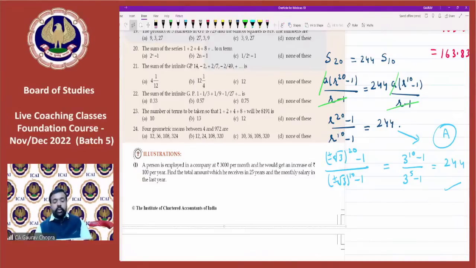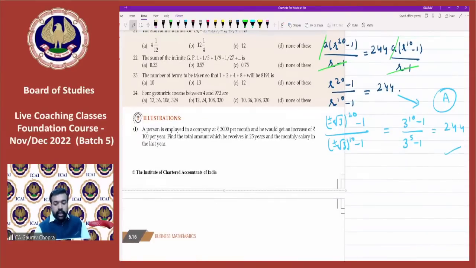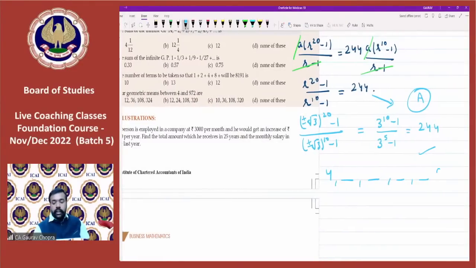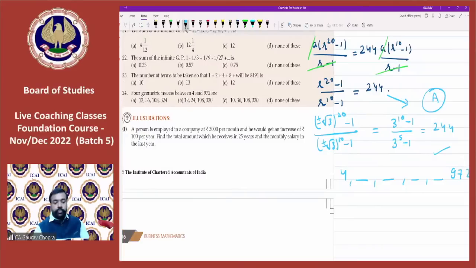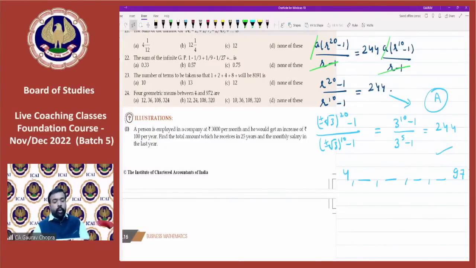We can easily use the options also to find. So 4 will be the first value, and then we are having 4 dashes, and then 972.